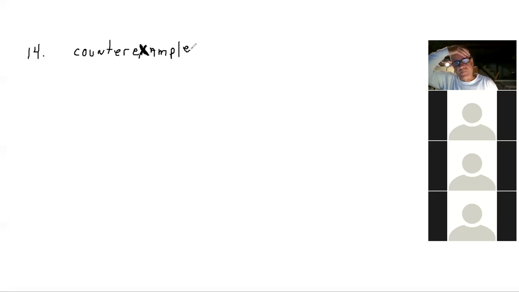I always say it's much easier to disprove something than to prove it, because to disprove, if you have a statement, all I've got to do is find one example where it's not true. So what they do on this particular one is give you a statement and then a selection of about 8 options. 7 of them are specific examples, and the last one just says there is no counterexample.